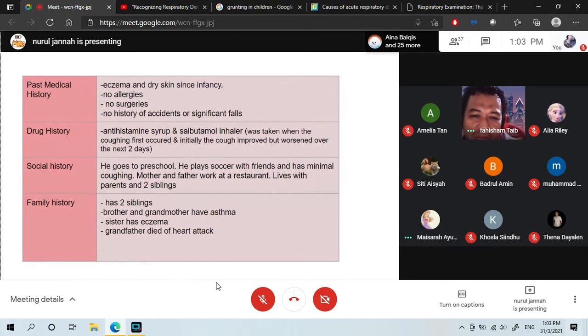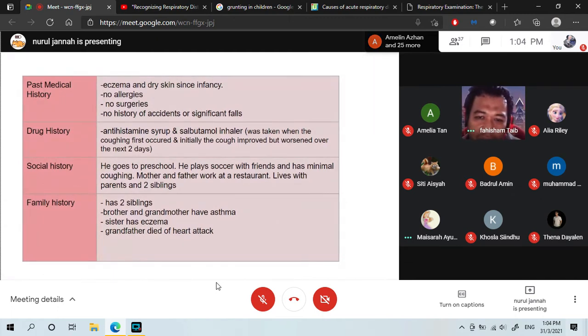How was it given? An MDI is a metered dose inhaler. So how was it given? Because if it's given wrongly, and therefore the technique is wrong, this is also vital information that you need to highlight in the history itself.